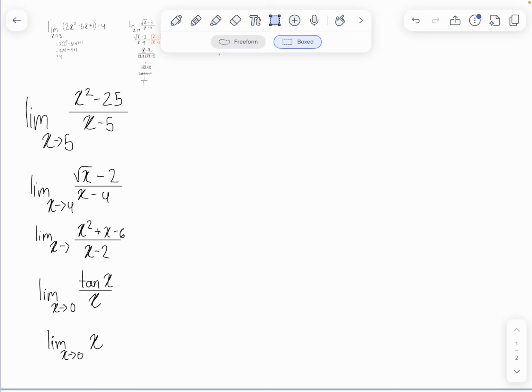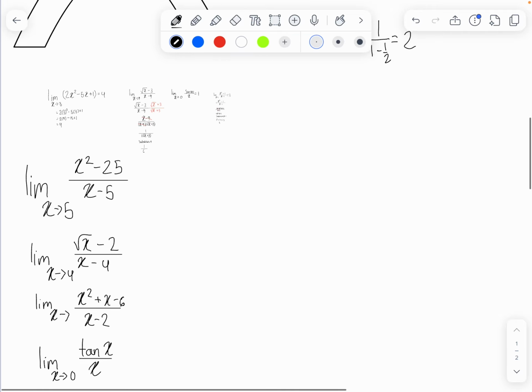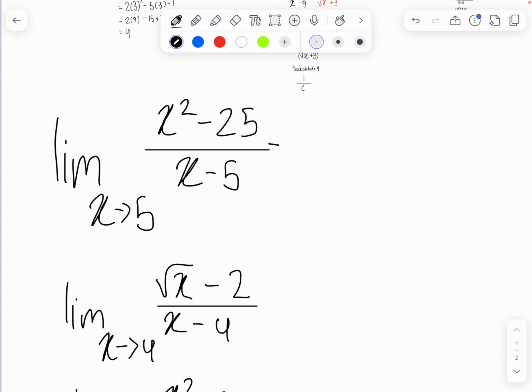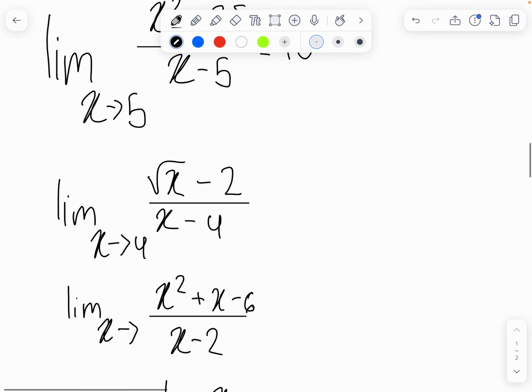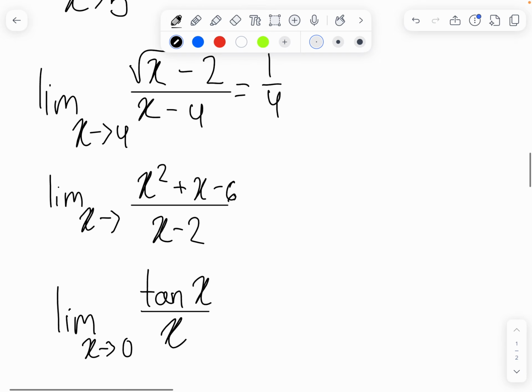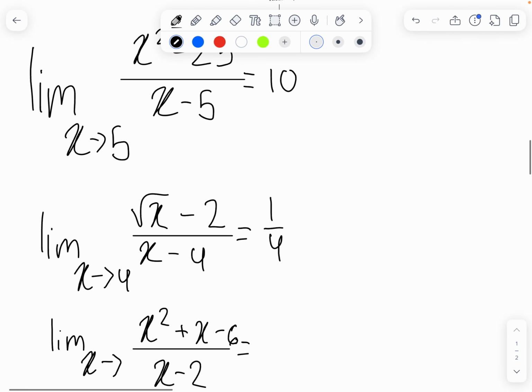Okay, hopefully you're done. You've unpaused the video. So I'm going to be writing down the answers. So this question should equal 10. This should equal 1 over 4. This should equal, wait, that does equal 1 over 4, right?